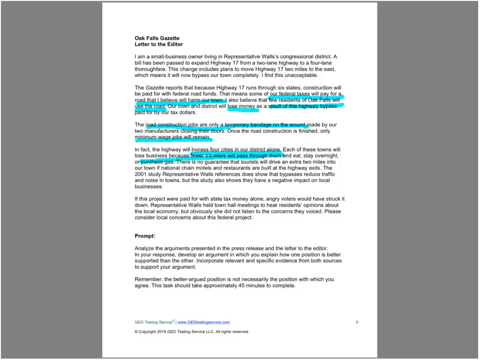We need to really carefully read the stimulus materials that our students are going to use because, as you were talking about all this, what I kept thinking in my mind was lots of evidence for both sides, but that evidence was including both fact and opinion.